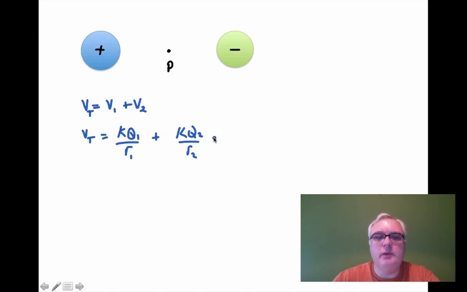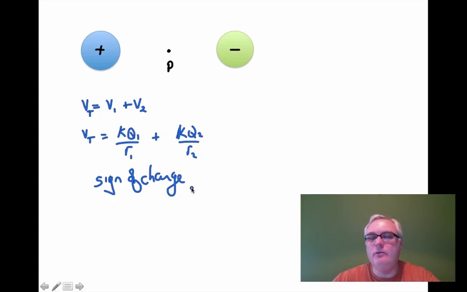Now, what's important about potential is that even though it doesn't have direction, we do need to include the sign of the charge. Okay? So this potential here, due to the negative charge, is actually going to be a negative value. Okay? So the sign of the charge in this case is important.